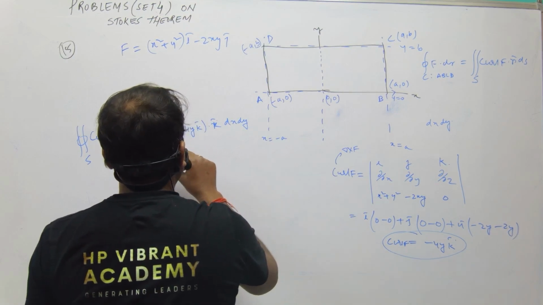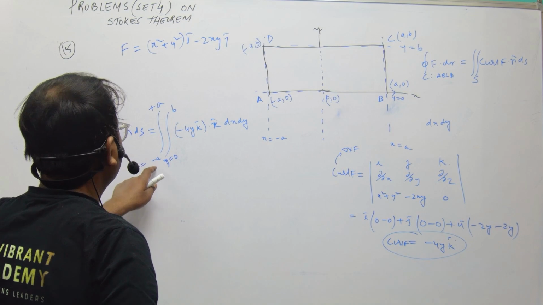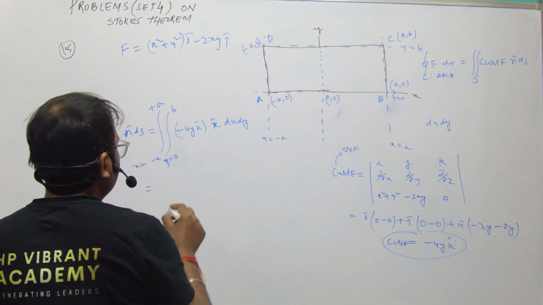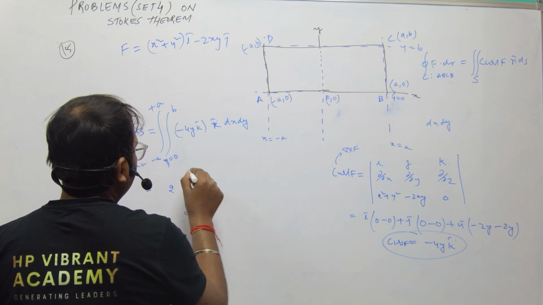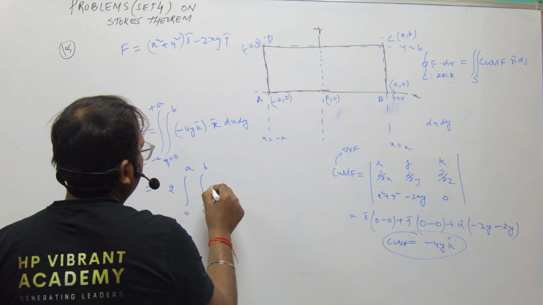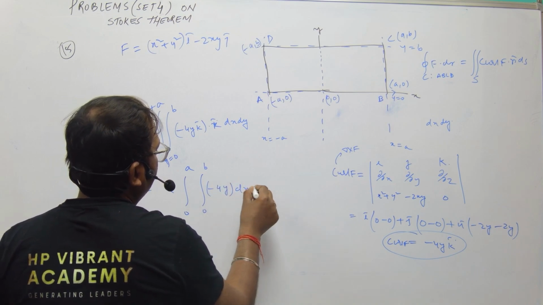Since x is from minus a to plus a, we can write this as 2 times the integral from 0 to a, and y from 0 to b, of minus 4y dx dy.